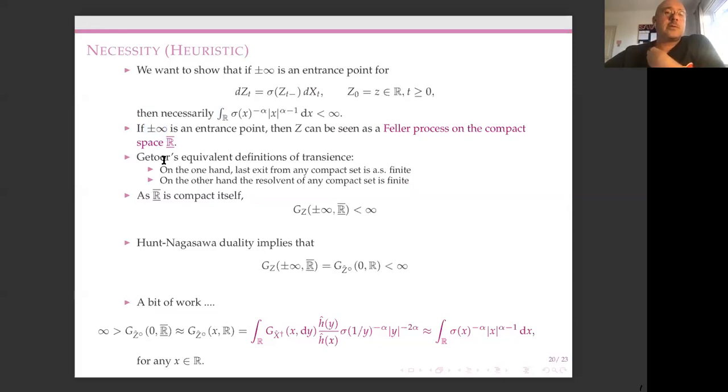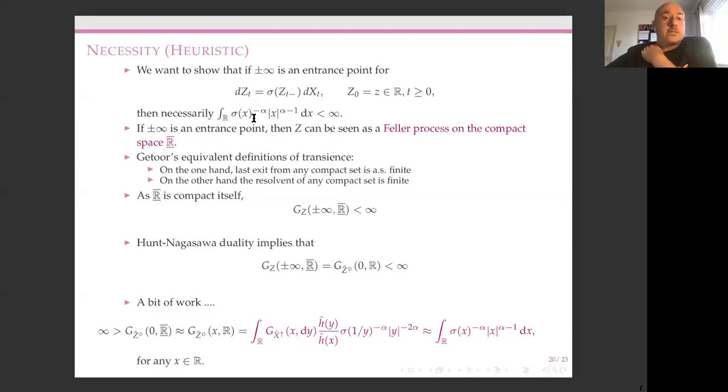Getoor wrote this nice paper in the 80s saying, well, look, everybody's got their definition of transient, but basically they're all equivalent. On the one hand, some people define it as last exit from a compact set being almost surely finite for any starting point. And on the other hand, some people see it as saying the resolvent on any compact domain is finite.